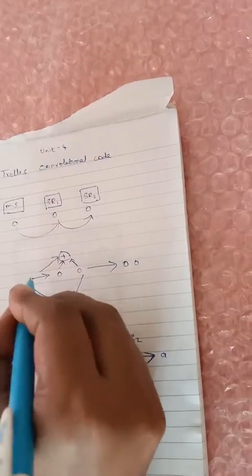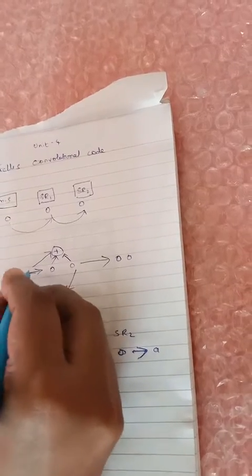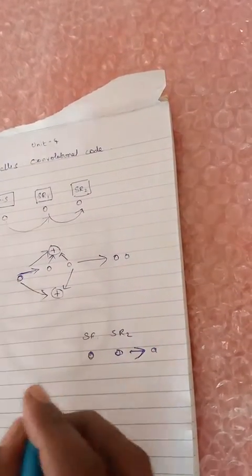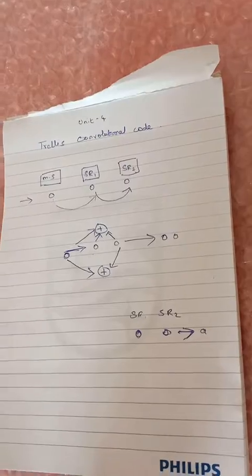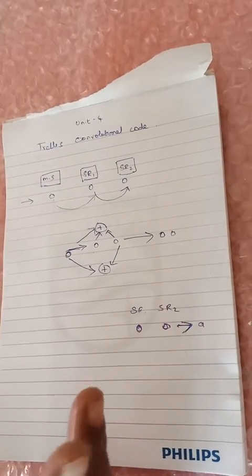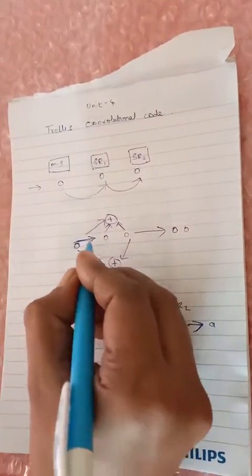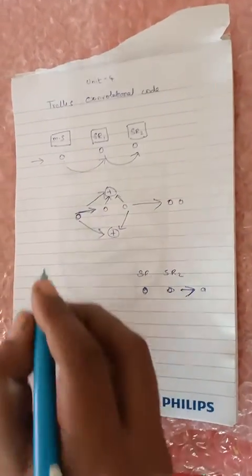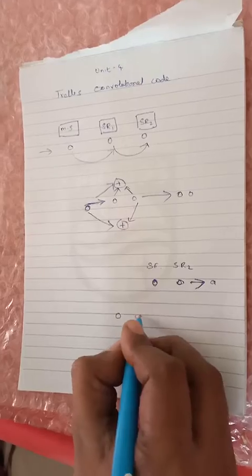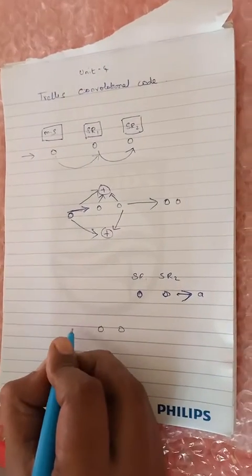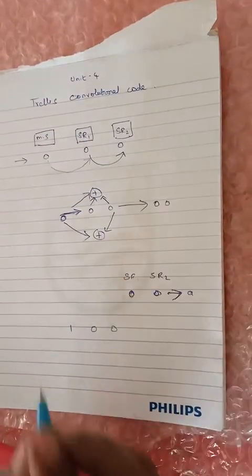Now the incoming bit, that is the message sequence, is nothing but your incoming bit. You will always have two choices. One is 0, the other one is 1. First we have calculated 0, the next option is 1. Now 0 0 is there, and suppose the message sequence is going to be 1. Now what is the value?